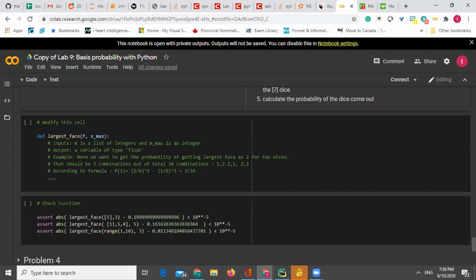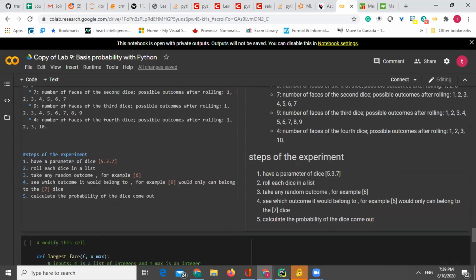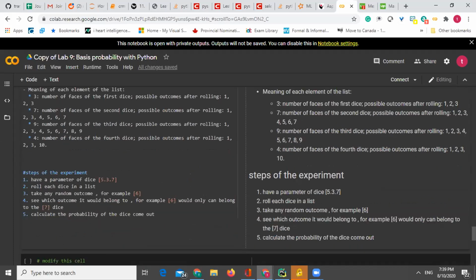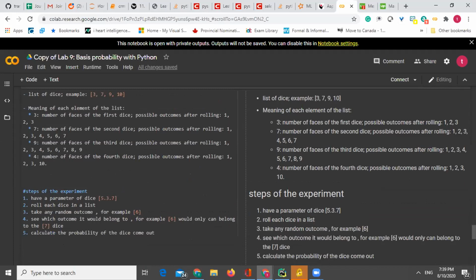So scroll up. Yes, so at the first step, you get a list of dice and a possible outcome.